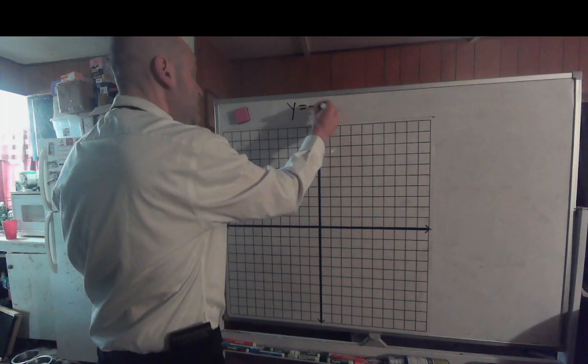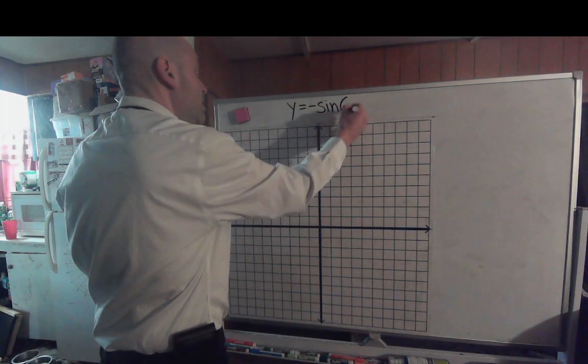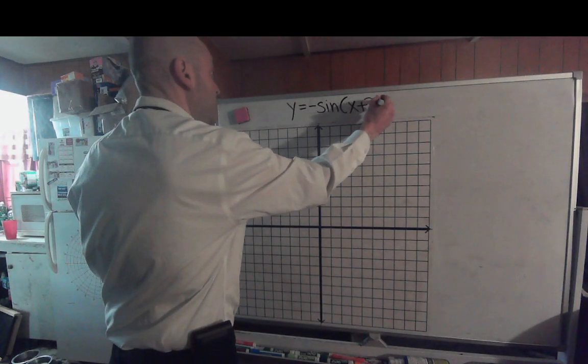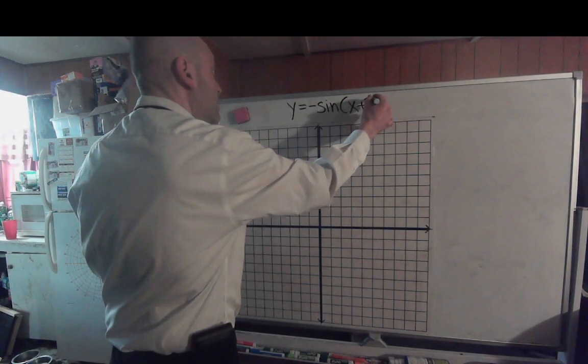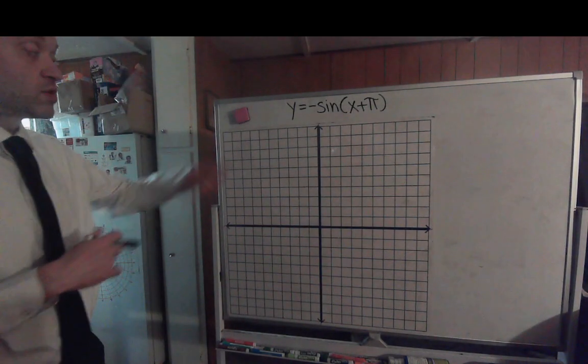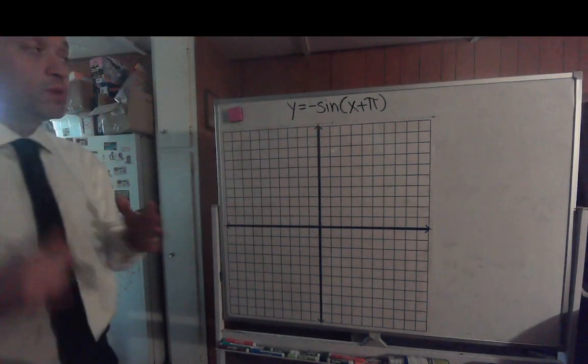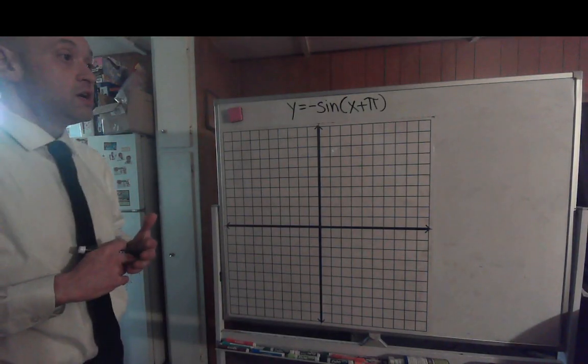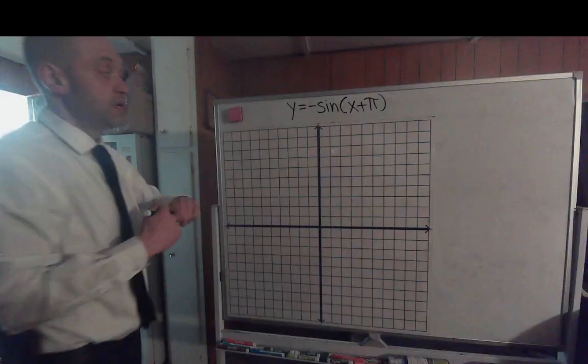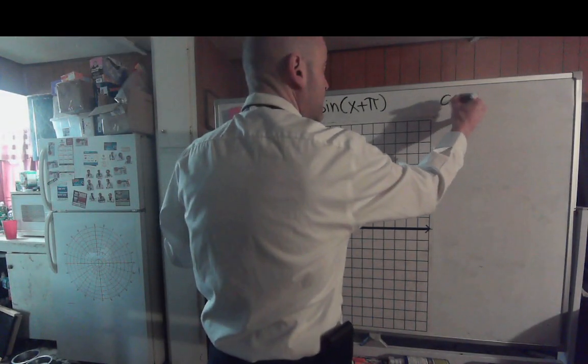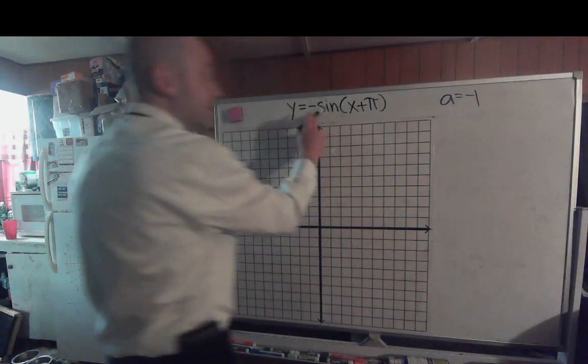We have negative sine of the quantity of x plus pi. So what's this going to look like? Well, let's look at the amplitude. We know a equals -1, right? That's our coefficient.